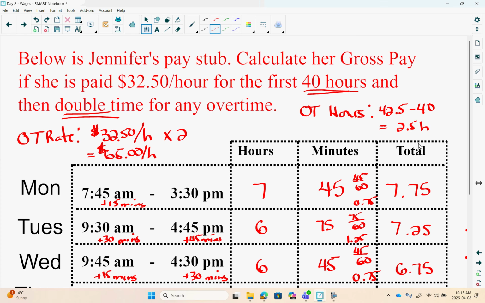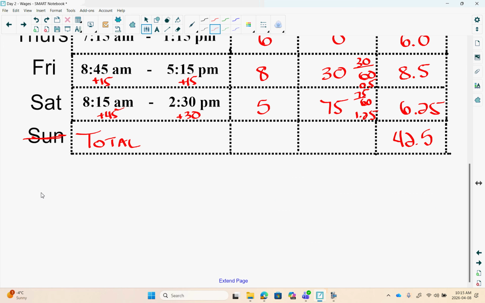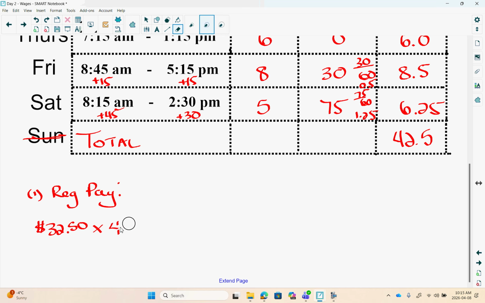Okay. How do I figure out how much money Jennifer makes? Step 1 would be her regular pay. I need to use the 32.50, and I need to multiply that by 40 hours. So it's 32.50 per hour times 40 hours.